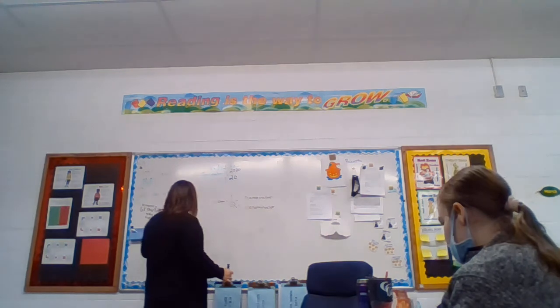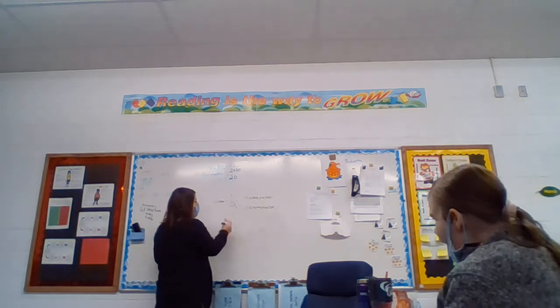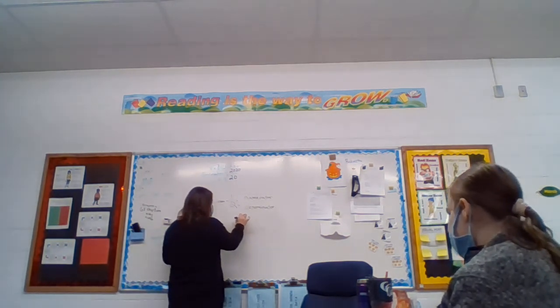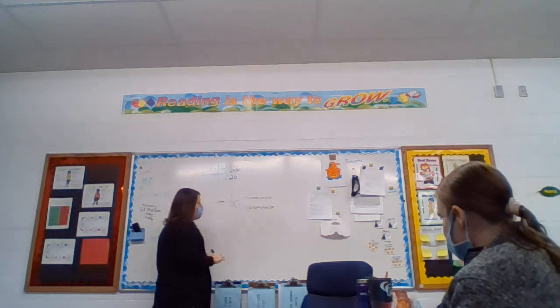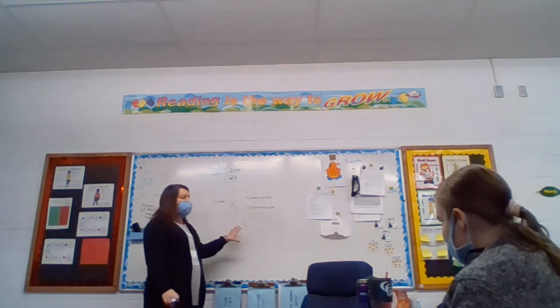Okay, so other parts of fractions that are important to know. This is called a fraction. And do you remember what we call this? It has a special name. First of all, how do you say this number? 3 and 1/2, right? Do you remember what we call that?